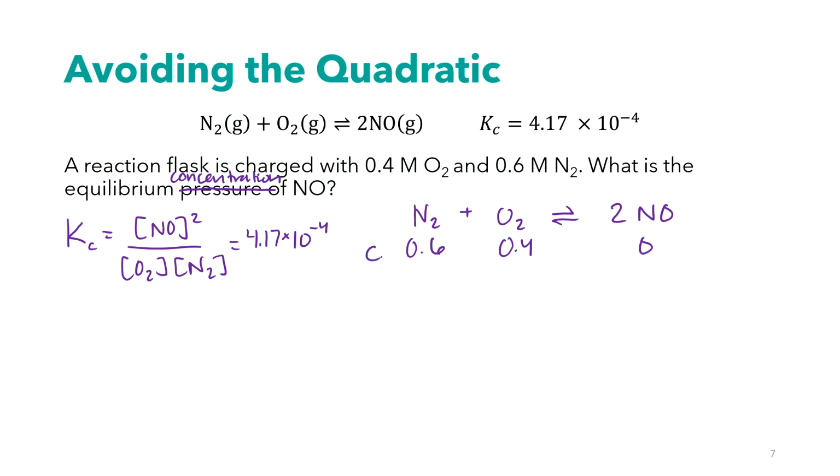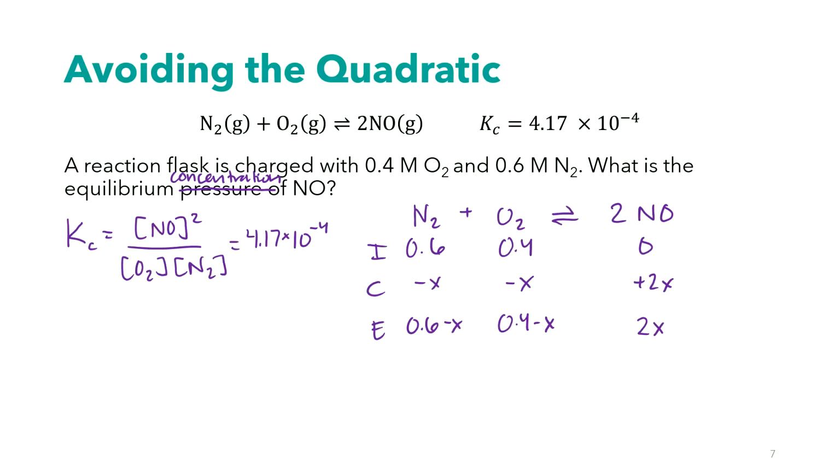So when I go to put in my change, okay, this is also the same. I still have to make some NO, right? I am not going to wind up with the same expression for N2 and O2. Okay, so I've lost the perfect squareness.